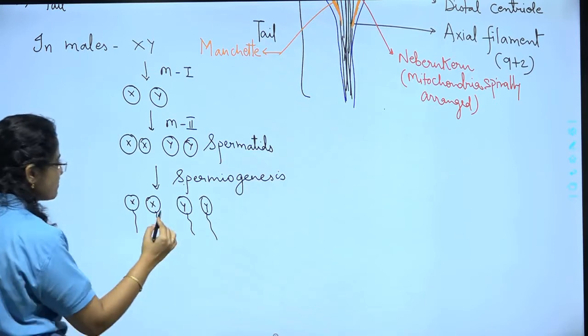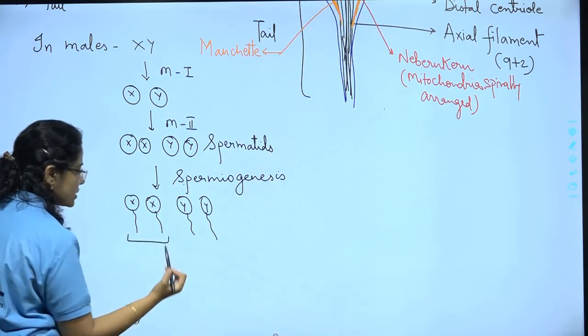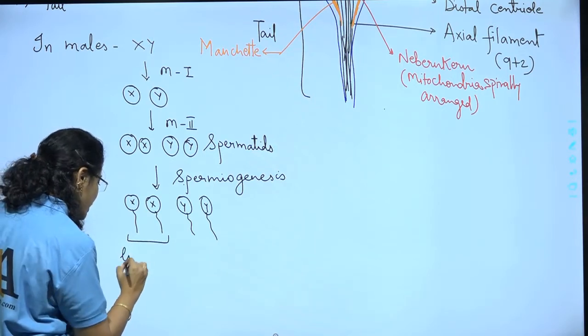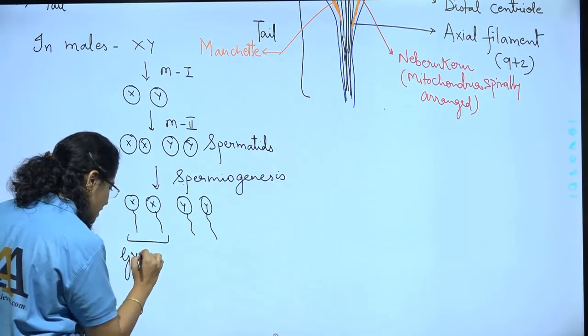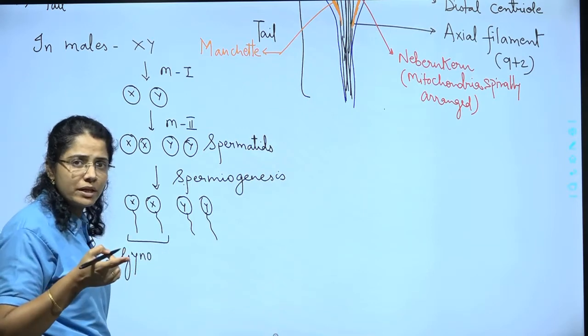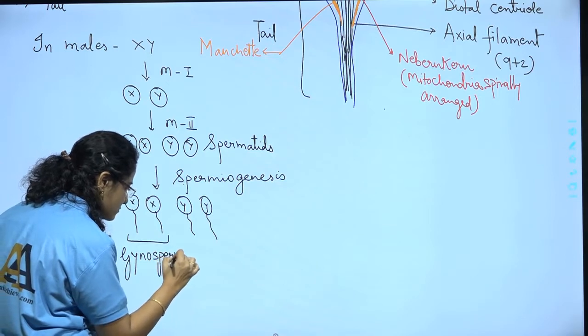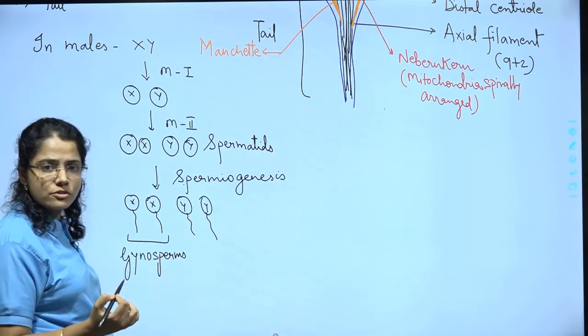The sperms with X chromosomes are called gynosperms. Why did I say this, child? Because, spell it, this is gynosperms. Understood?